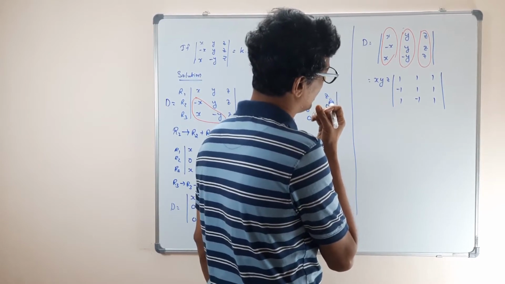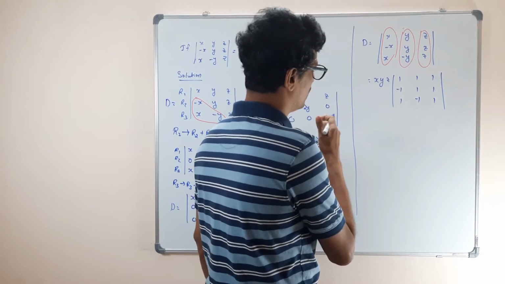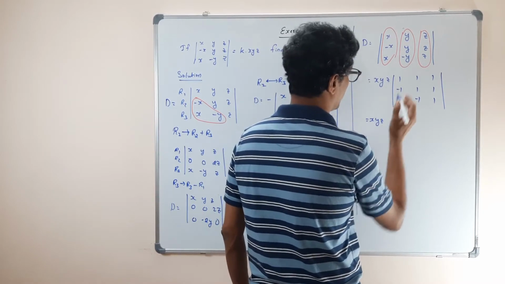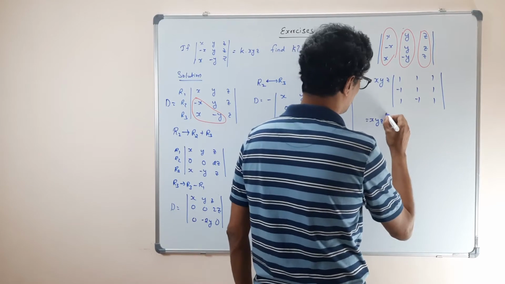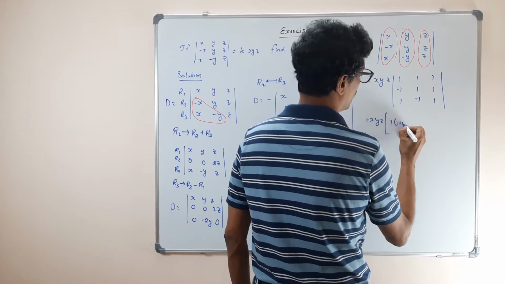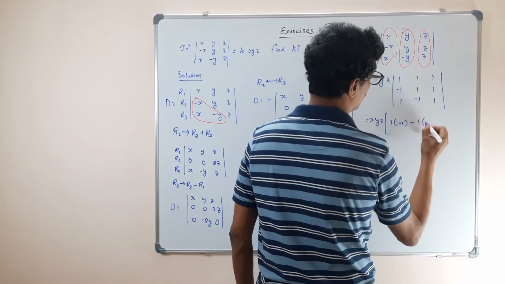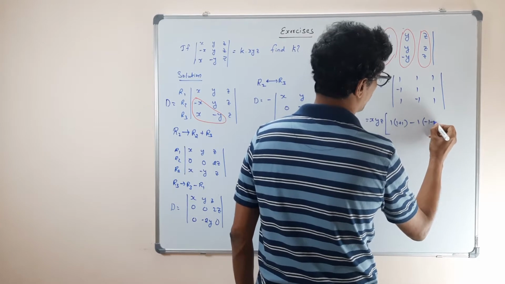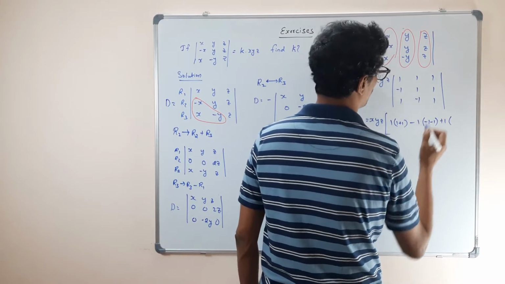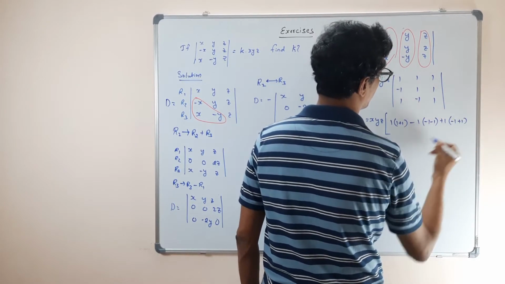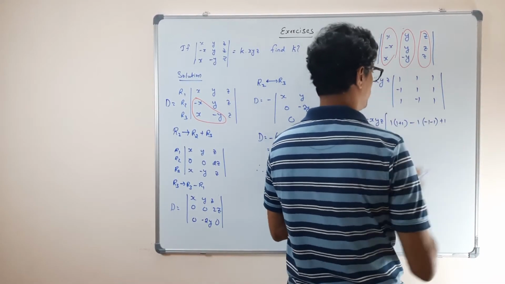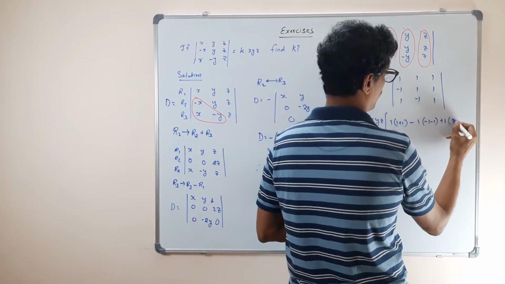Then you can do this jugglery also. Otherwise you can do it out. It's X, Y, Z, since you already used a property. If you want to do it simply, you have 1 into (1 plus 1), minus 1 into (minus 1 minus 1), plus 1 into (minus 1 plus 1)... no, sorry, 1 minus 1.